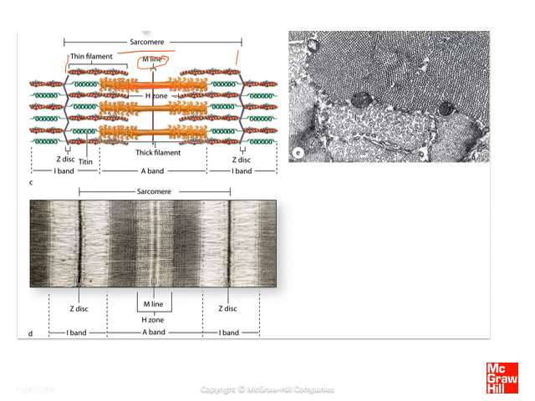Our H zone is where there is no overlap within the A band, which is the darker band. The darker part of the A band is where there is overlap. Then we have our I band, which is the lighter color. This is going to be where our actin and titin is located. And then these are going to be bound to our Z disc for support.